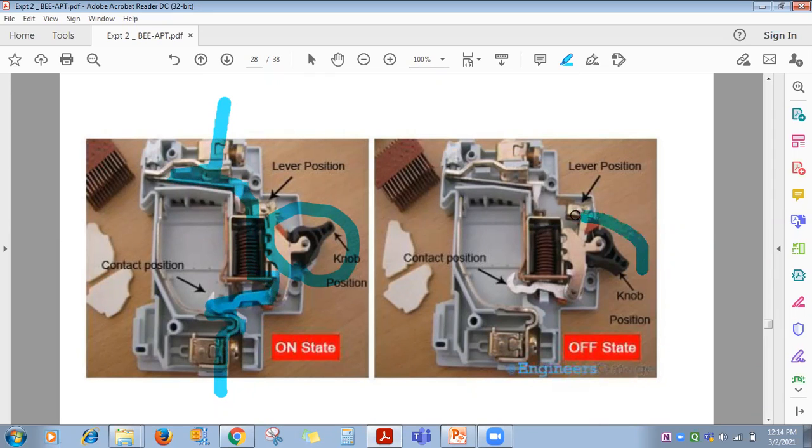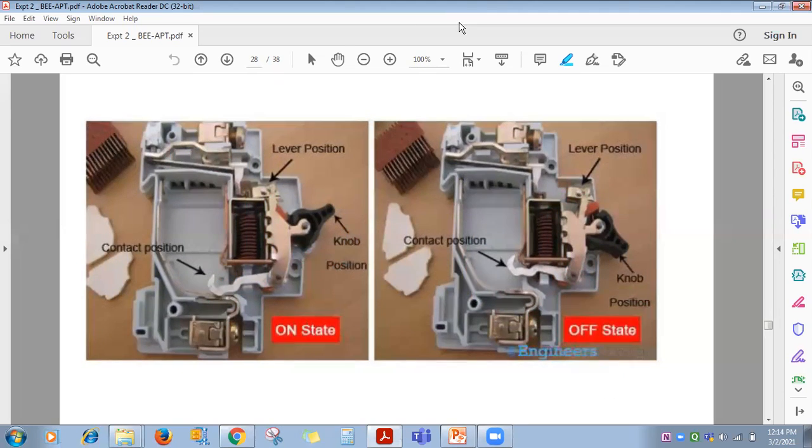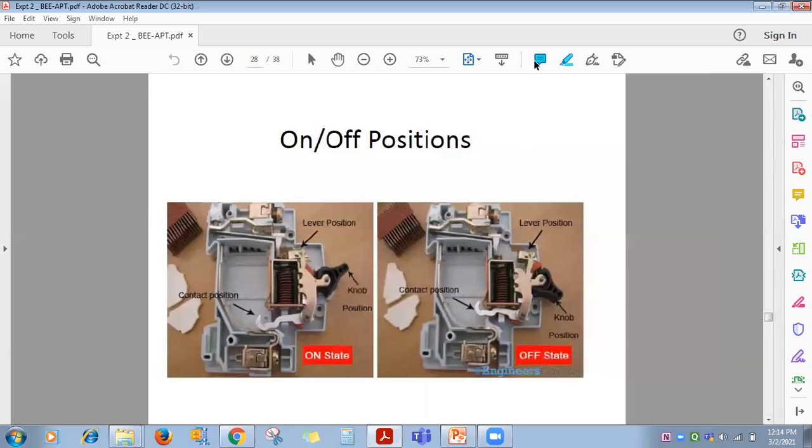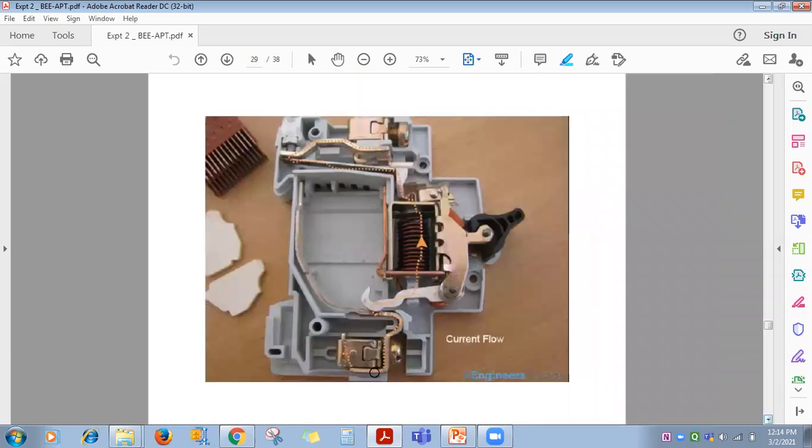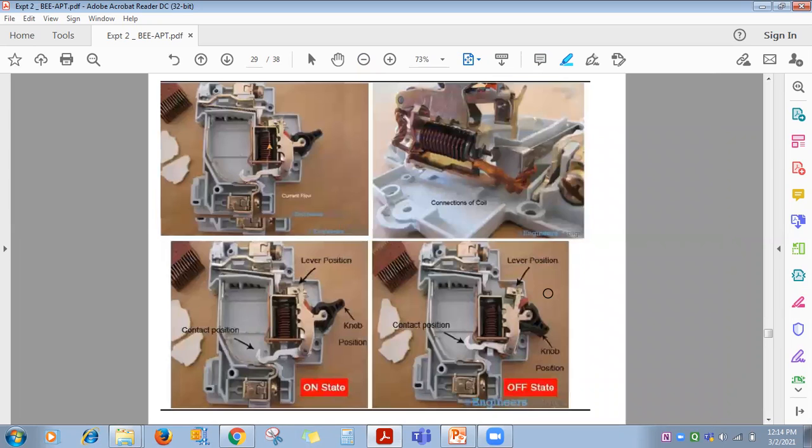Whenever the knob is at the off position, there is a gap between the fixed and movable contact. See here, incoming current, fixed contact, movable contact, through this solenoid, through the bimetallic strip, and through the leaving terminal. Like this is the flow of current when you switch on the MCB.